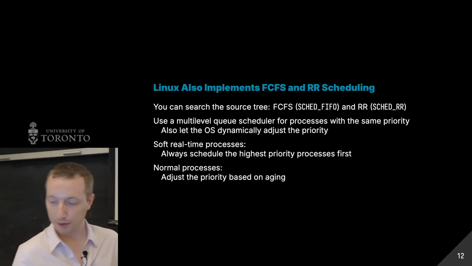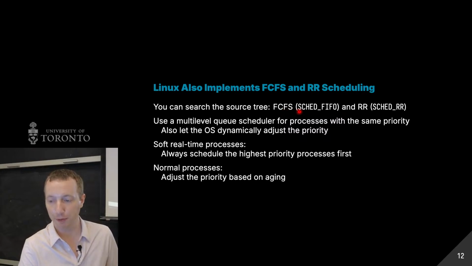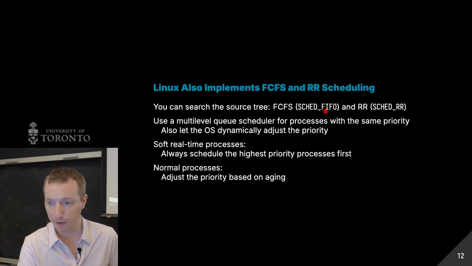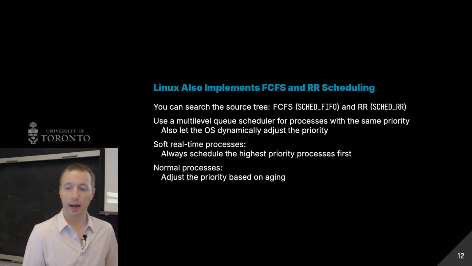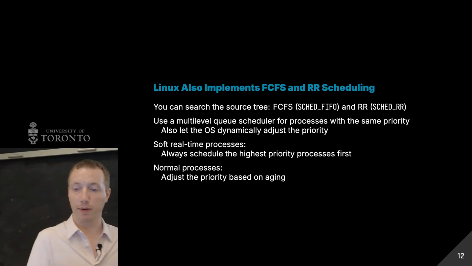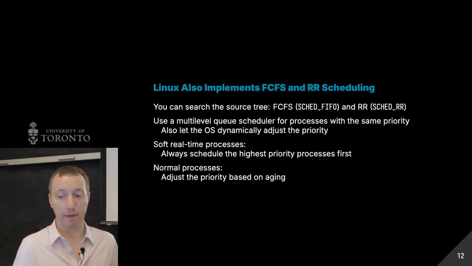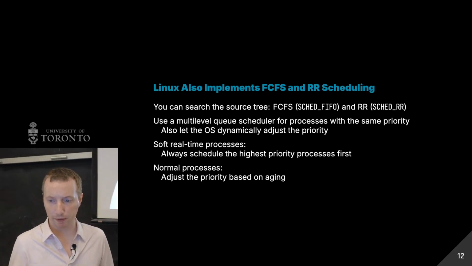If you search the source tree, you will actually find the first come, first serve scheduler. It's called SCHED_FIFO, and round robin is just called SCHED_RR. And they have a multi-level queue scheduler for processes of the same priority. This lets Linux also dynamically adjust the priority if it needs to.